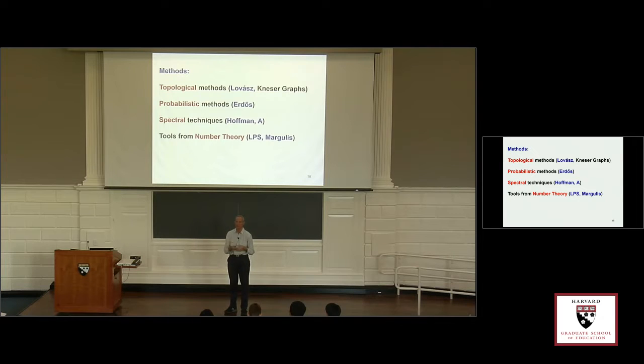So I mentioned that the proof of Lovász is one of the earliest constructions or uses of topological methods in combinatorics. Then the result of Erdős is maybe the first serious application of probabilistic methods in combinatorics.